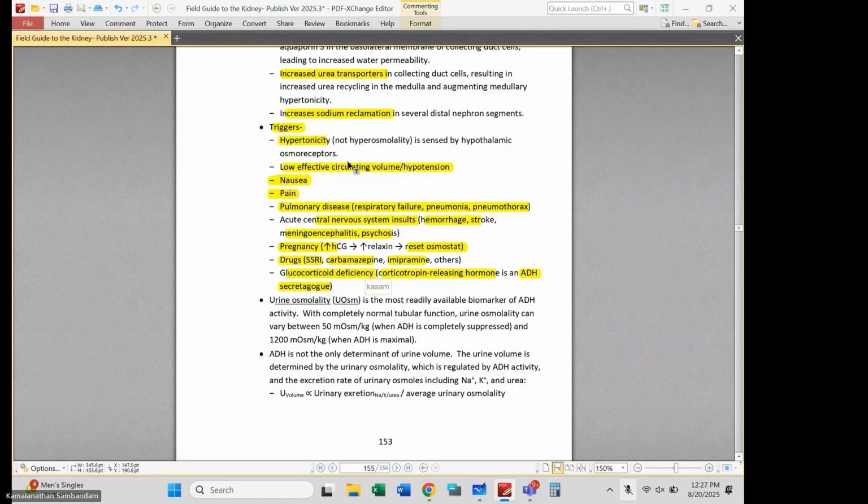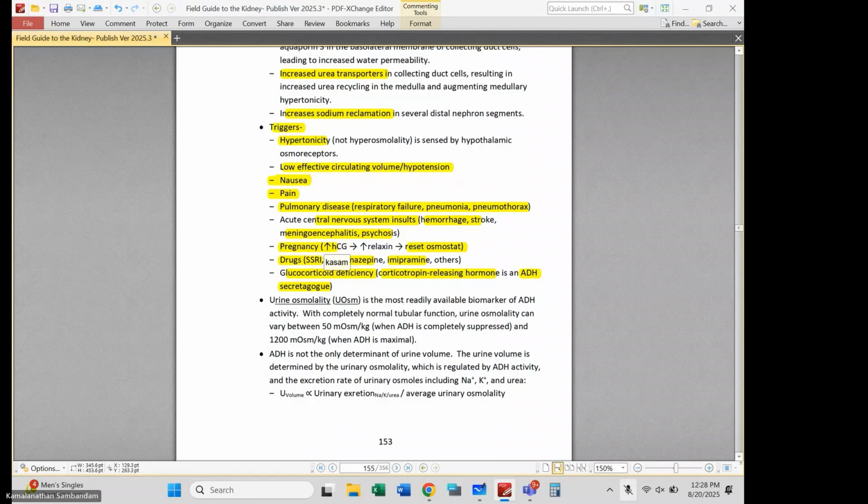Hypovolemia may stimulate vasopressin release. But even pure glucocorticoid deficiency, even if you're not hypovolemic, can be a stimulus of vasopressin release. And here is the mechanism, okay? Because CRH also stimulates the release of vasopressin.